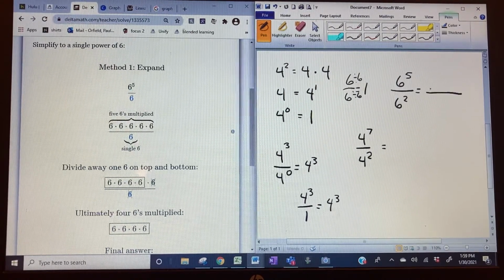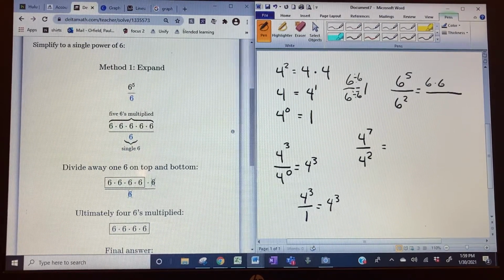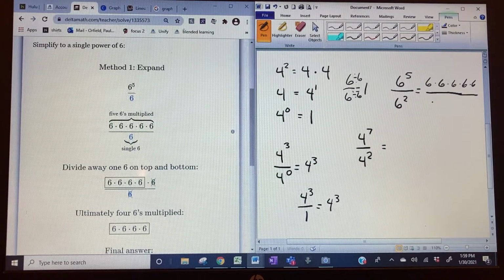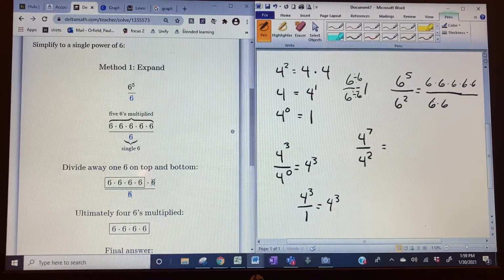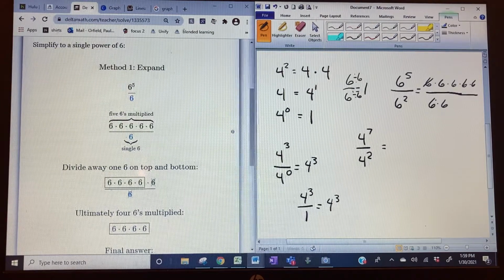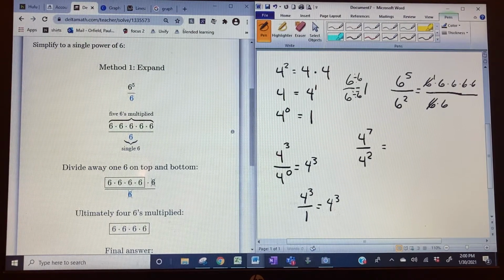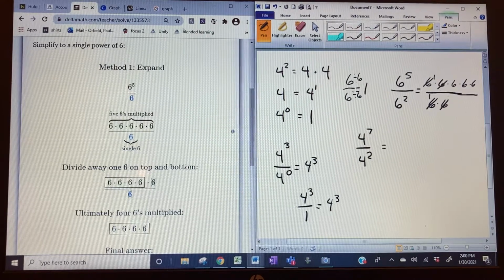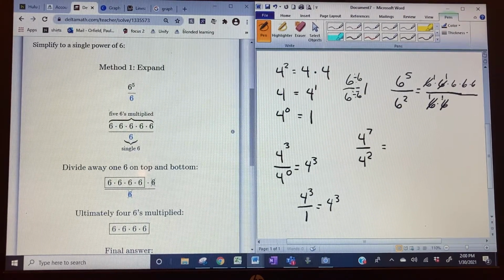So 6 to the 5th is the same as 6 times 6 times 6 times 6 times 6, and 6 squared is 6 times 6. Fractions are very similar to division. So 6 divided by 6, we said that earlier, is 1, and 1.